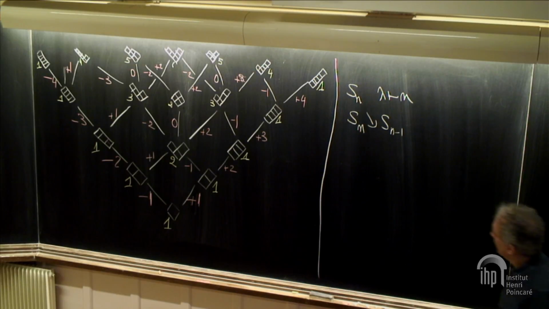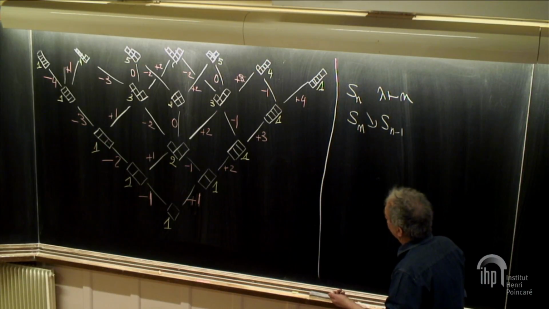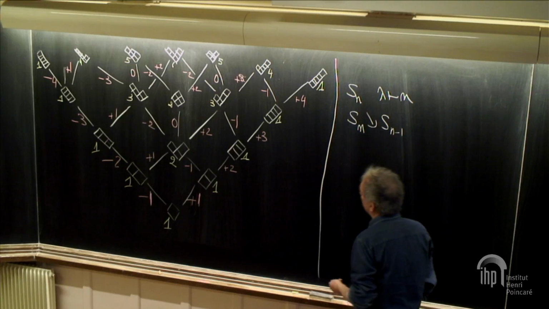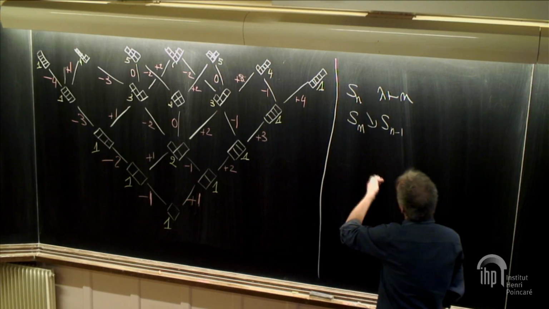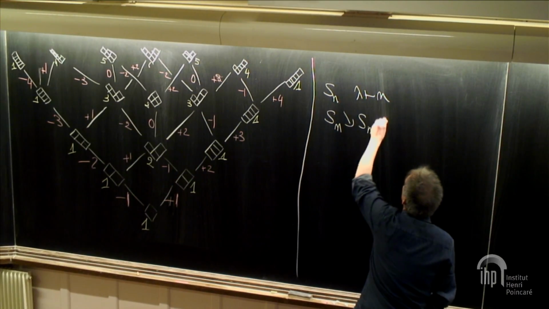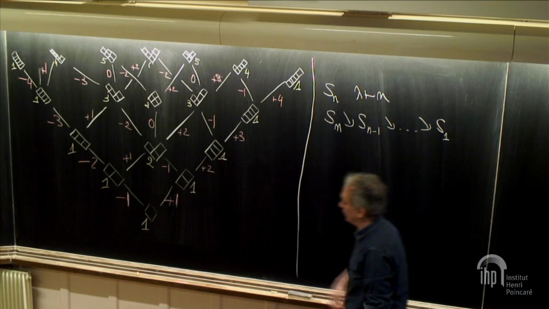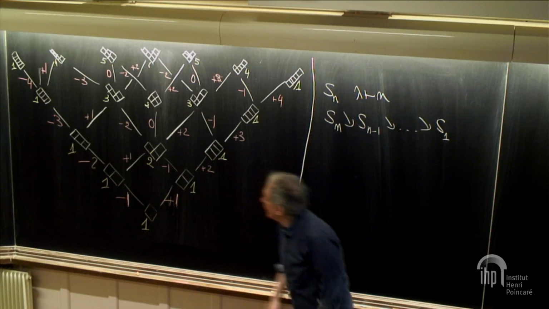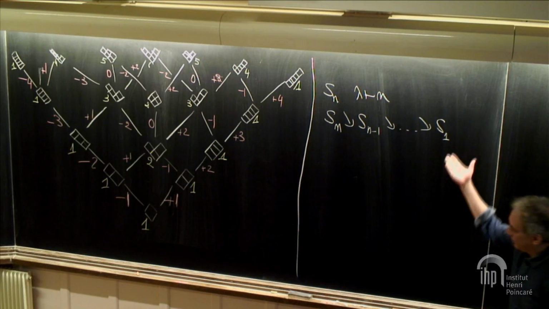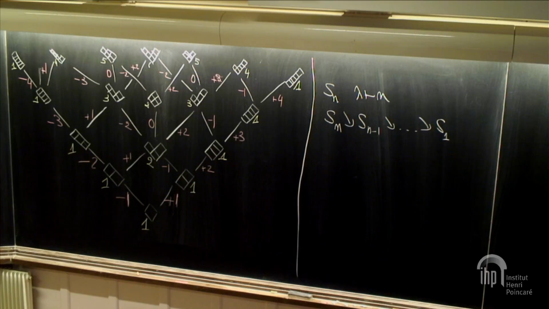And what we know is that when we do this branching, of course, we can go down, say, to S1, which gives you the last box. In the end, I get an irreducible representation of S1, which is just a one-dimensional subspace.